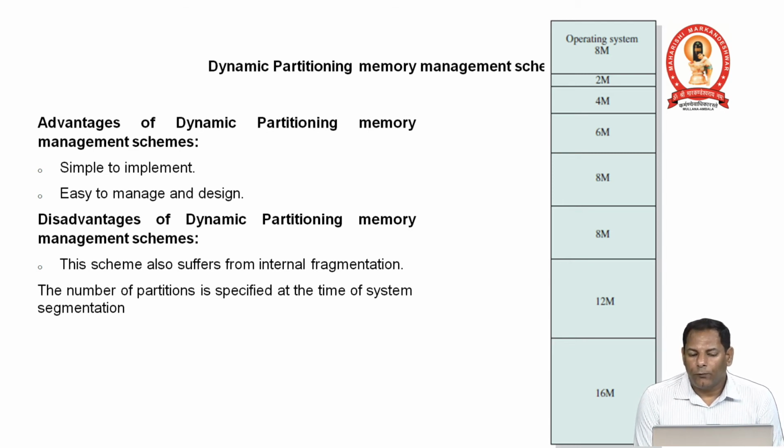If we have a 2 MB process, we will store it in the first partition and allocate only 2 MB of space. Now the second process enters the system, it is 4 MB, so we will allocate 4 MB to this process. Any process that enters the system will be allocated only the part it requires.